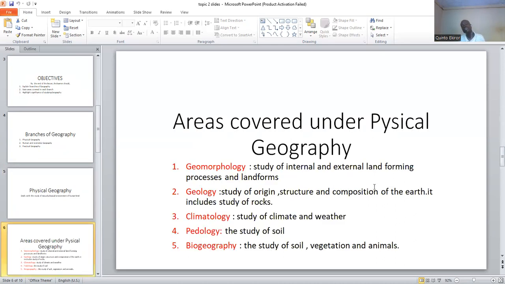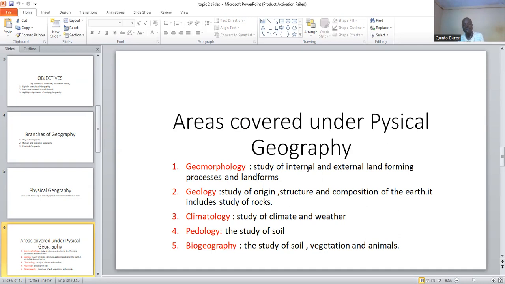Let's see now the areas covered under physical geography. One of them is geomorphology. What is geomorphology according to your understanding? This is the study of internal and external landforming processes and landforms. For example, we have volcanicity and weathering.